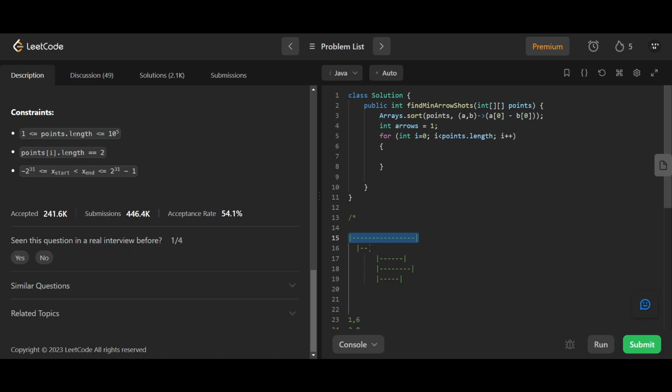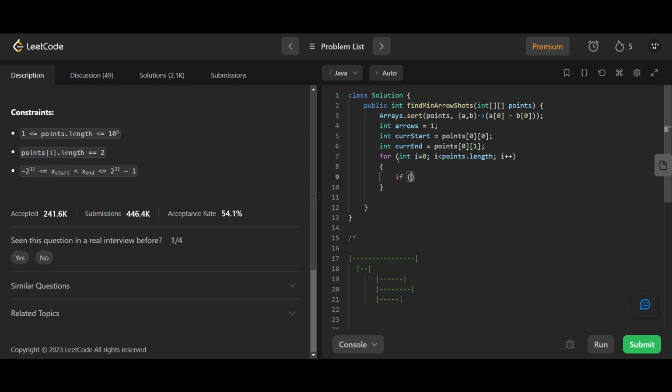Yeah. So you go points.length. Now if your current start equals points of 0 0 and current end equals points of 0 1. Now what I'm gonna do is whatever the next guy is.